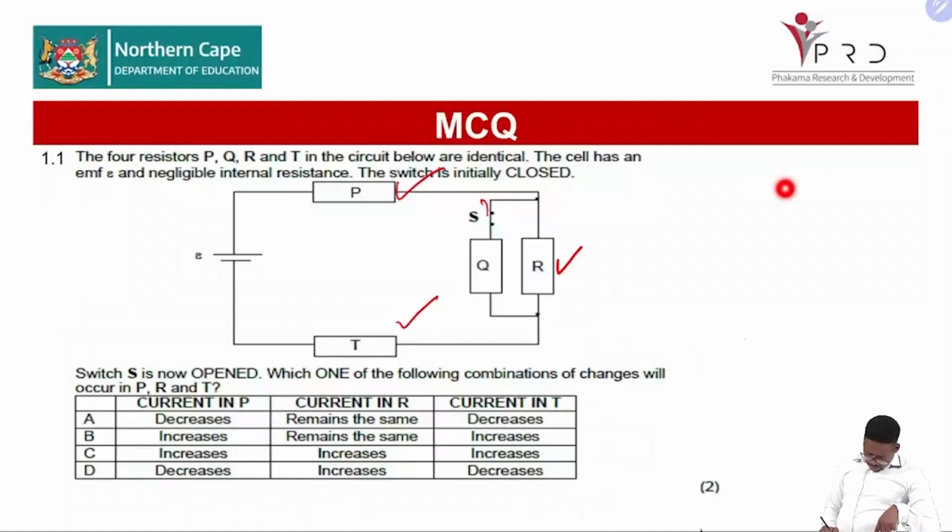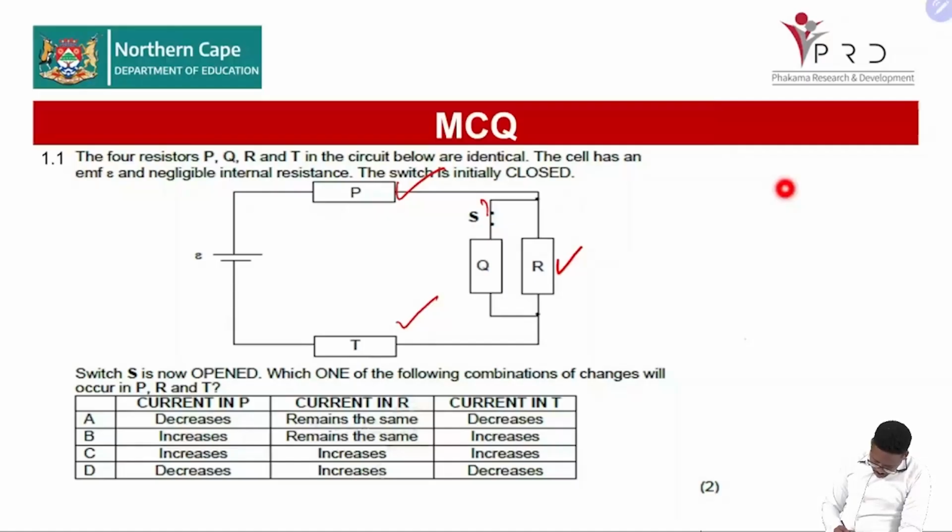So, if the switch is open, we know that the resistance will increase. If the resistance increases, what will happen to the current? The current will decrease. So we must look for the option that is the current that is decreasing. So our answer is between A and D. Now, if you look at the current at R, it says that here the current will remain the same.